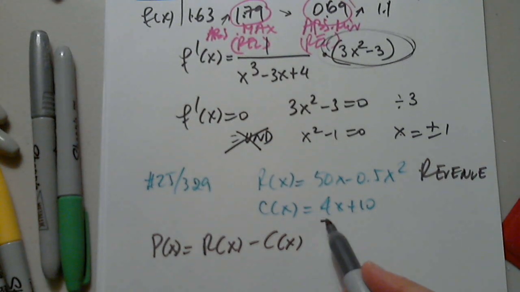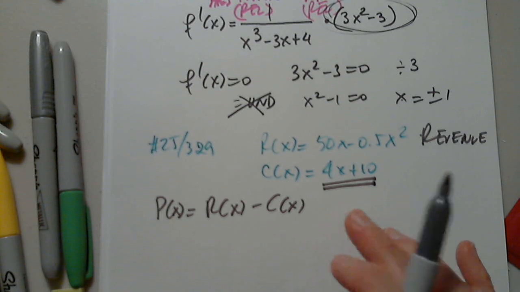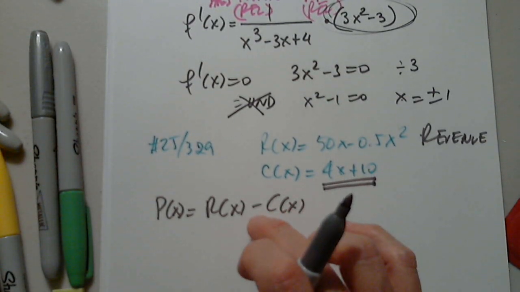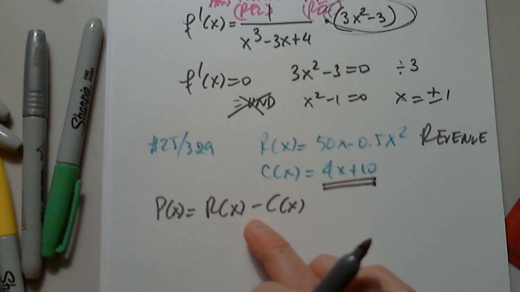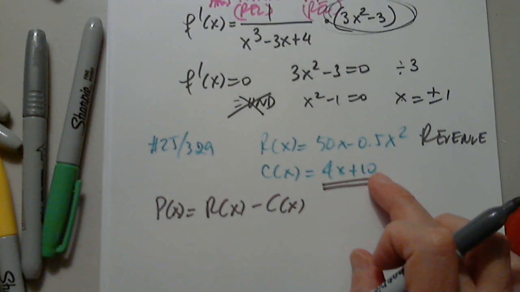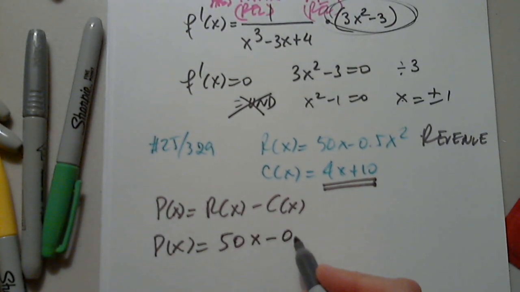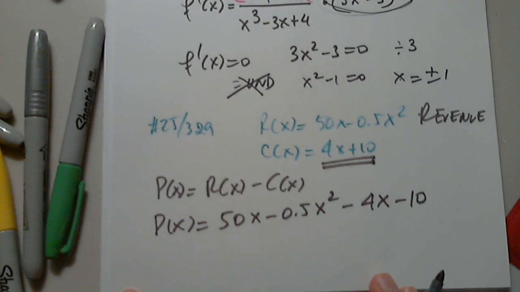But please remember, you have to subtract all terms in the cost. I've seen it so many times. My wonderful students distribute -1 to 4x, but forget to distribute -1 to 10. So P of x equals 50x minus 0.5x squared, but minus 4x and minus 10.